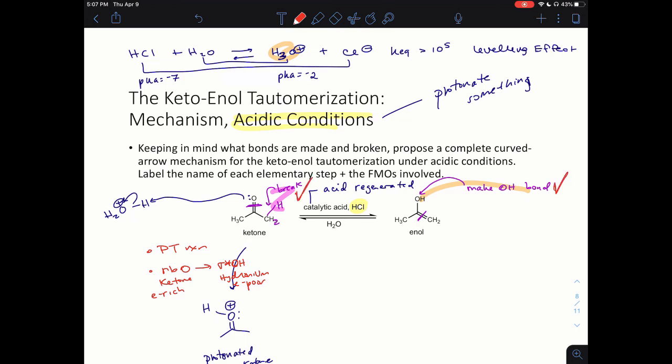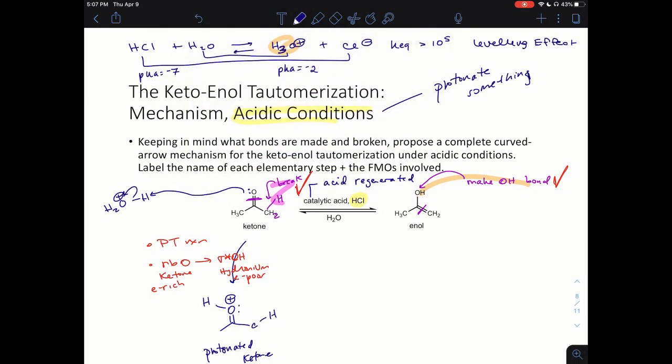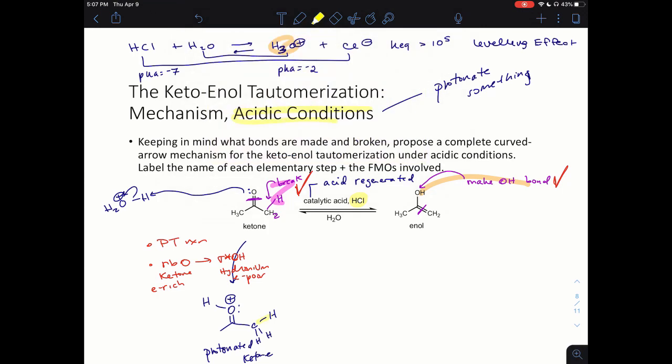We need to break the CH, and we need to break the pi and make the pi CC. So we're going to do that all now. We're going to break this sigma CH bond. Now you could ask, well, how exactly are you going to do that?